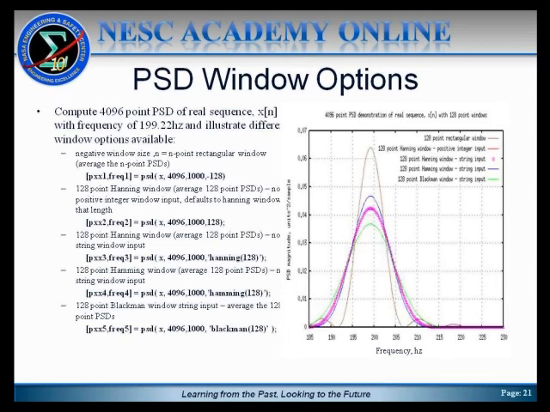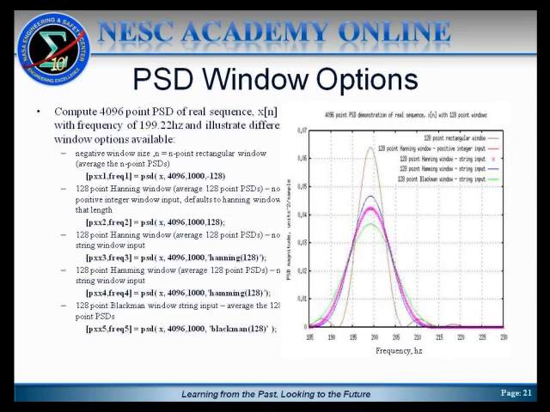For instance, Hanning 128 would provide a Hanning window of 128 points, or Hamming 128 would provide a Hamming window of 128. Finally, Blackman is another window that can be used, and Blackman 128, all as a string input, would instruct it to use a Blackman window of 128 points in the process of creating that 4096 point PSD.